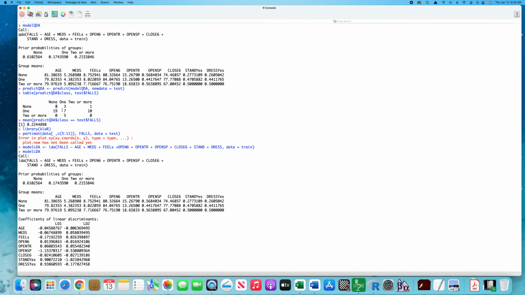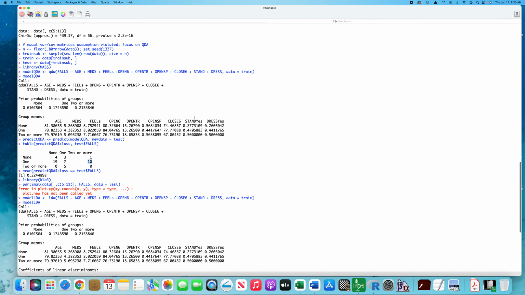I only had 11 of the total cases in the test data set classified correctly. I had 19 patients who did not fall, but we predicted them to fall one time. This 10, we had a patient who fell two or more, and we only predicted them to fall once. So that's a little bit of an issue.